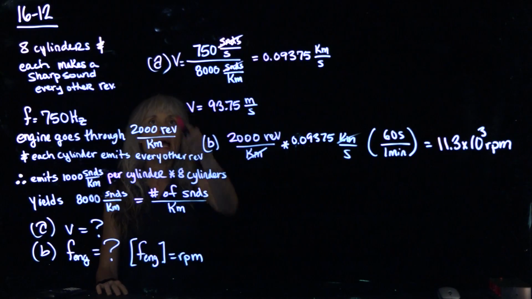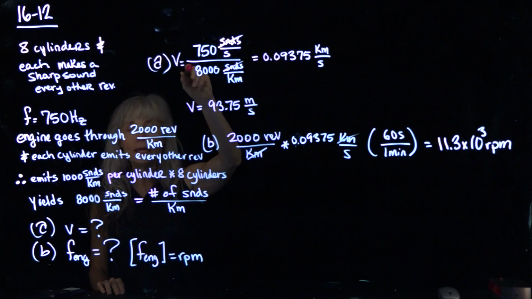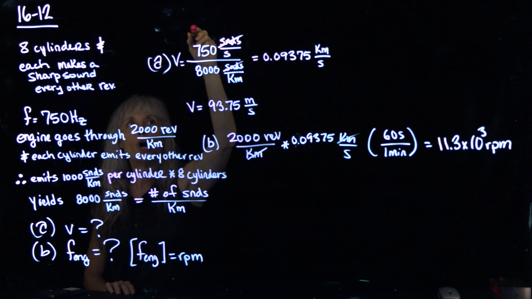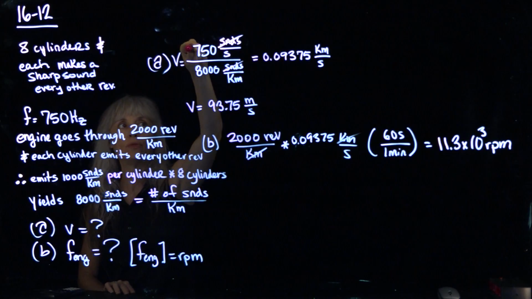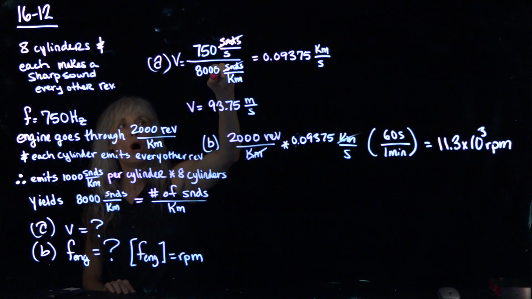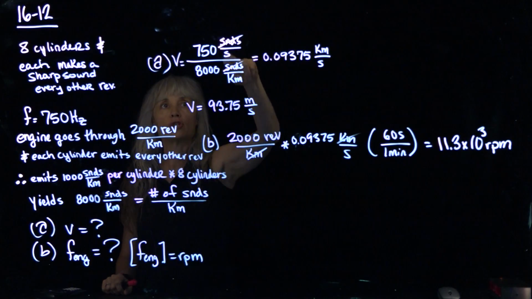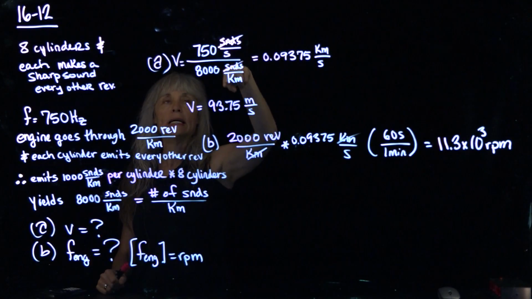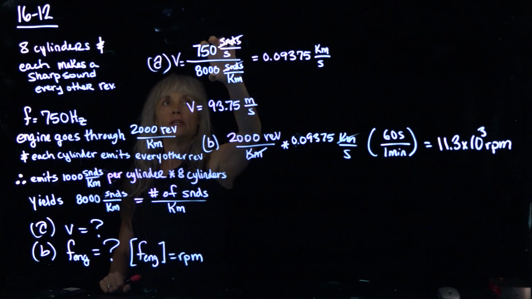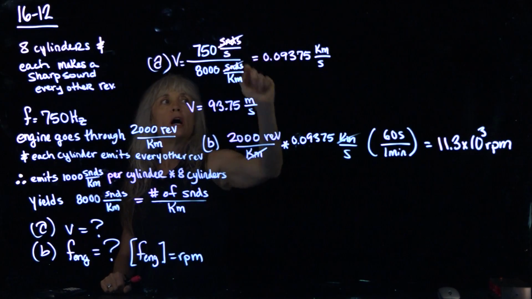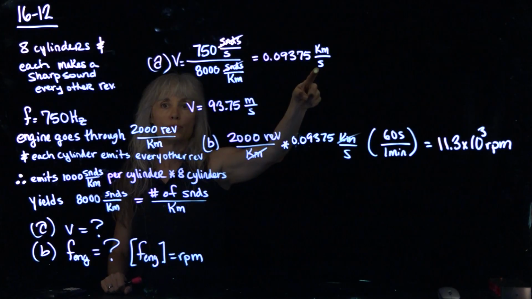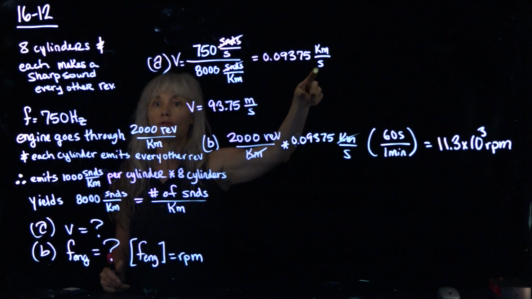All right, so A, we want to find the speed of the race car. Well, we know the frequency of the sound that we're hearing, how many sounds per second, and we also know the sounds per kilometer coming from the car. And notice that just looking at dimensional analysis, if I arrange these two values in this fashion, I will have units of kilometers per second, which is the unit for speed.